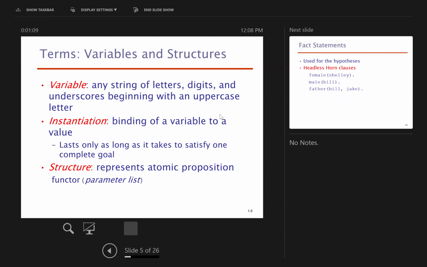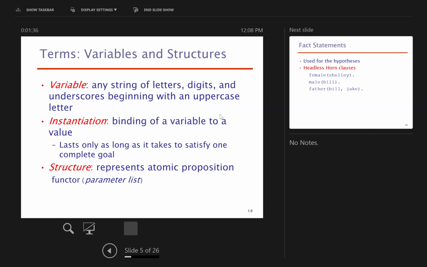So first we should know what is a variable, and also instantiation. The keyword instantiation here is a little bit different from object-oriented programming. Here we are saying binding a variable to a value. They use the term instantiation of. And a variable can be any string of letters, digits, underscore, etc. A structure normally looks like a list also.